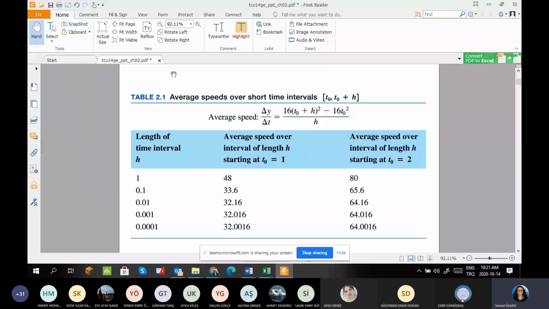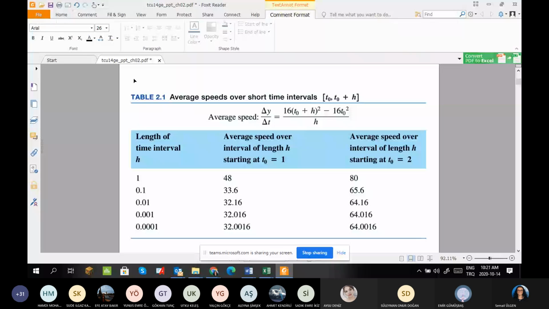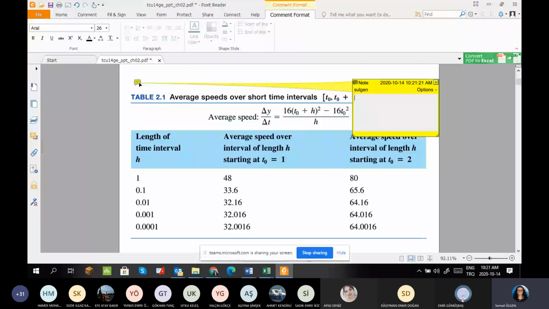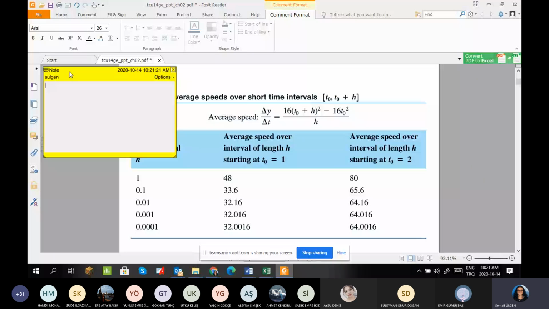Let me write the distance formula for you, because it doesn't say right here. I need to add that here. In this example, table 2 that we have, let me try to fit it here. Here we are talking about the distance function.